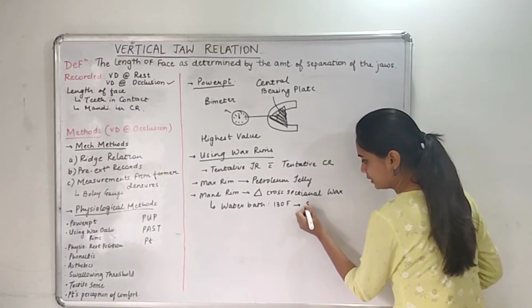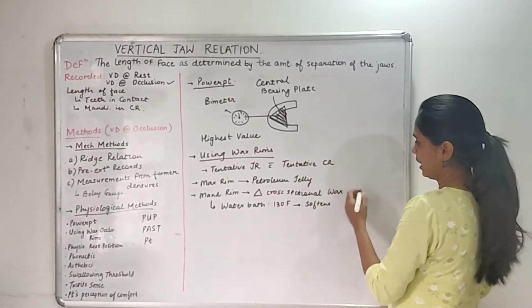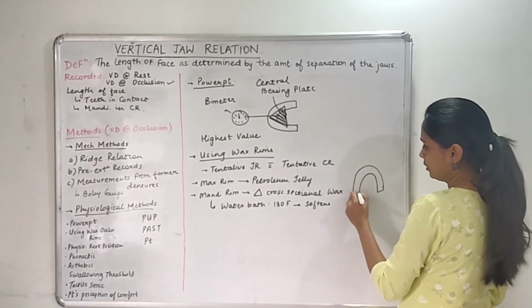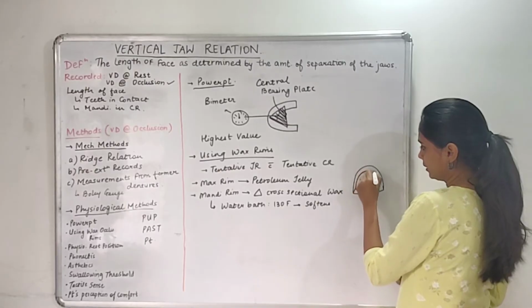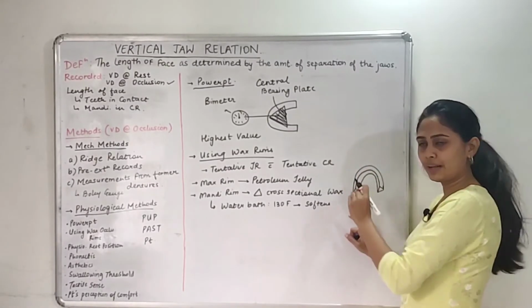So on the mandibular rim we have a triangular piece of softened modeling wax.